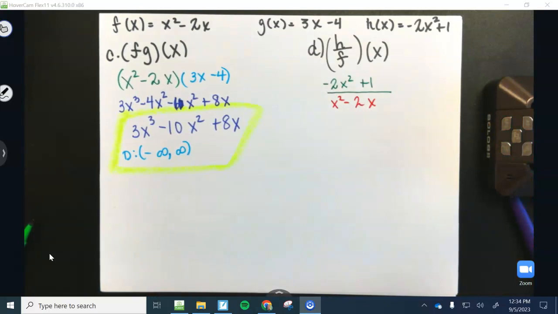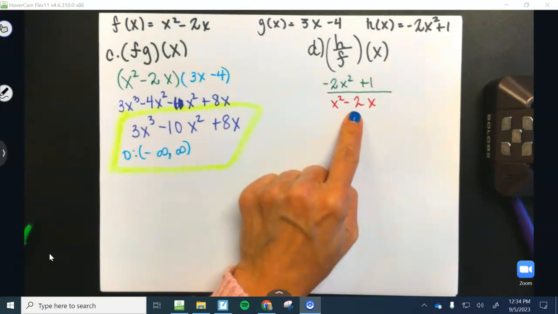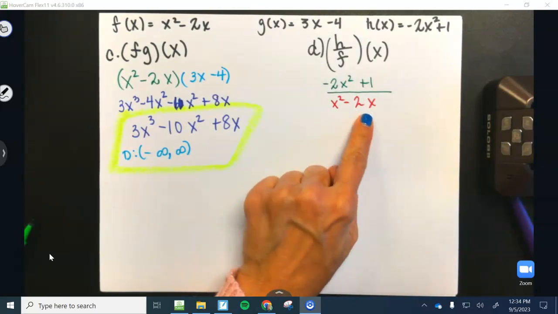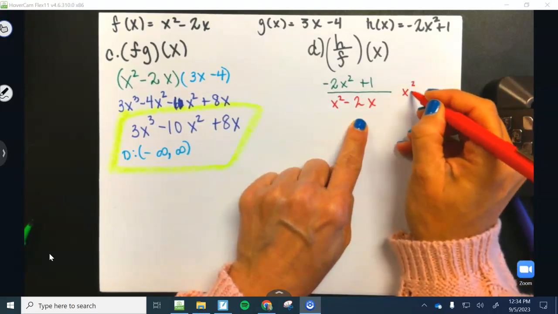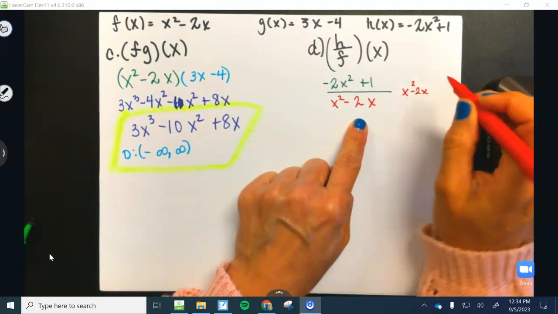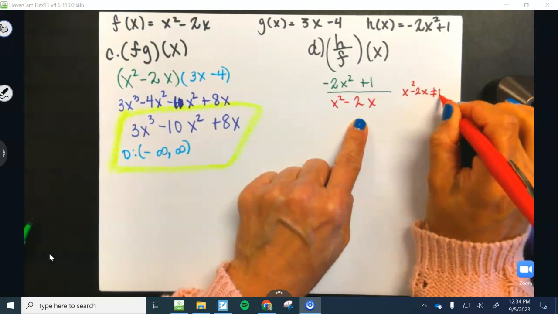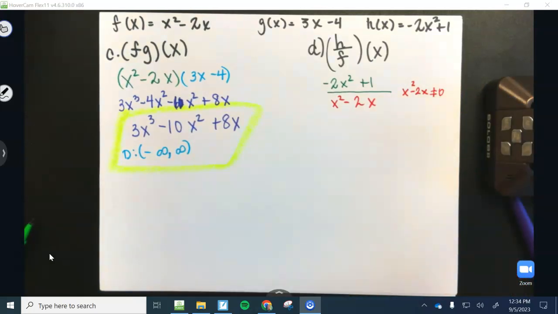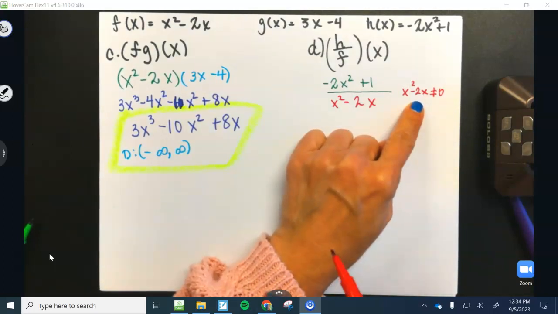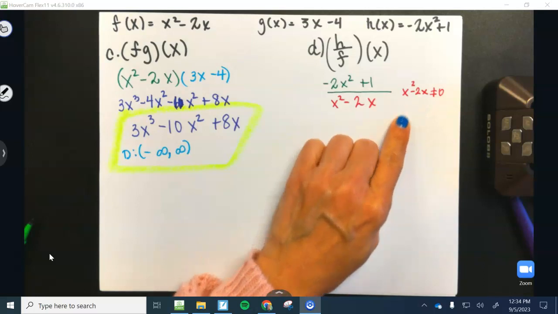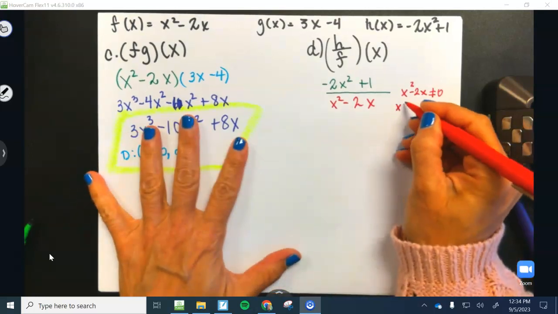Okay, so again, one more time, what can this not equal? 0. All right, y'all, we have to solve. We have to figure out what this cannot equal. So I'm going to write x squared minus 2x cannot equal 0. And look, I wrote the letter x more than once. I have to factor. If it's written more than once, I have to factor. So let's go ahead and solve.